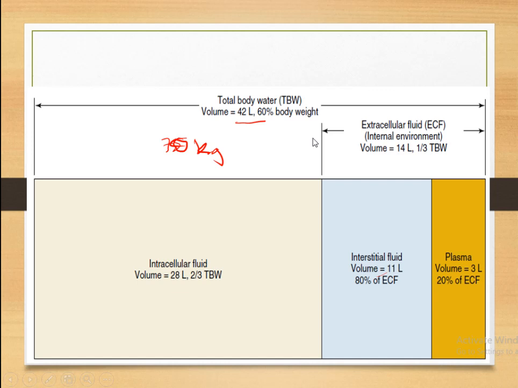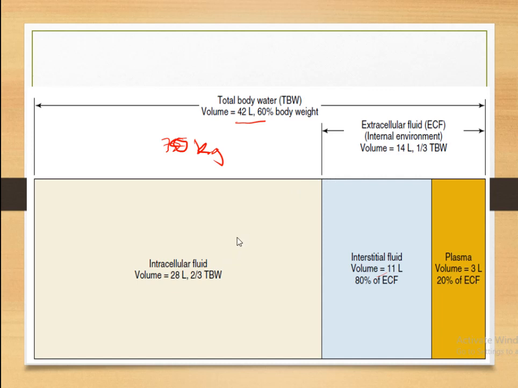When you get both, the total amount of water in a 70 kg young person is 42 liters, which makes up 60% of body weight. Very important for multiple choice.